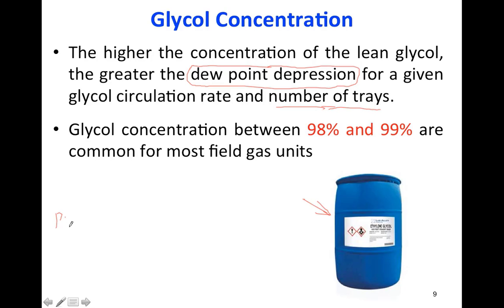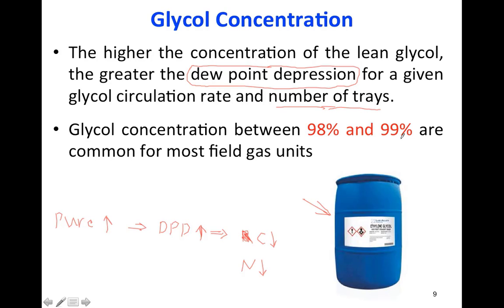So if we have a more pure glycol, I will have more dew point depression for a given glycol circulation and number of trays. Or, for the same job, we need less glycol circulation rate or fewer trays because it's pure.